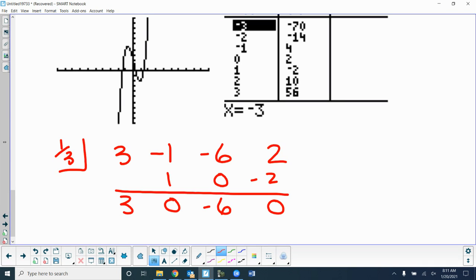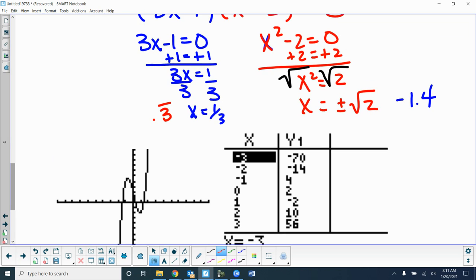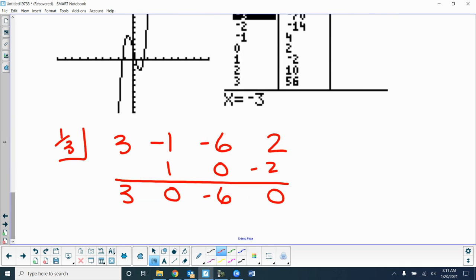Now, if you don't want to take the time to find those other 2 on the calculator, you can solve this equation. Okay? Remember, this was 3x cubed.